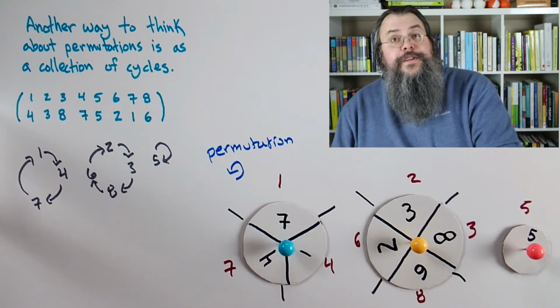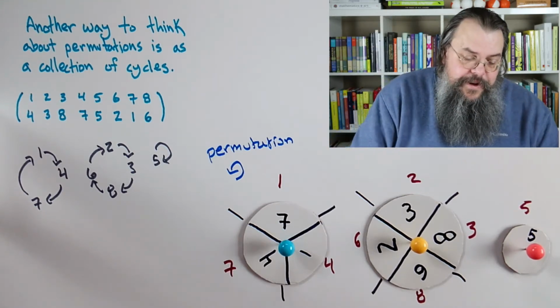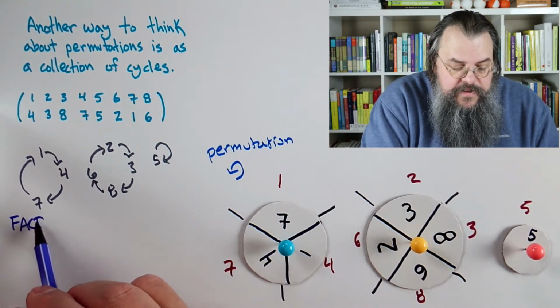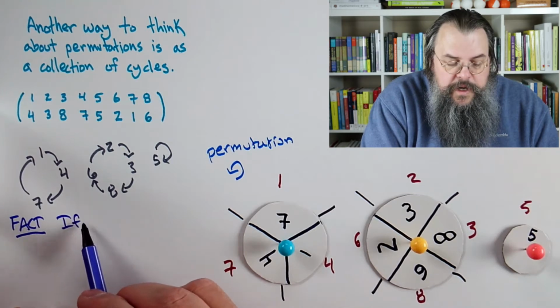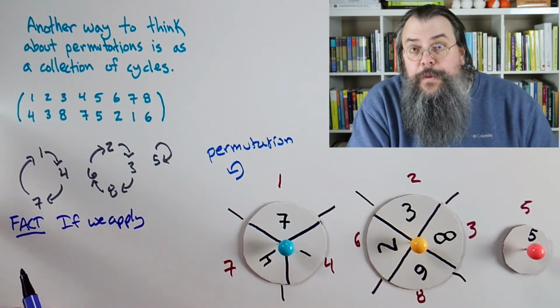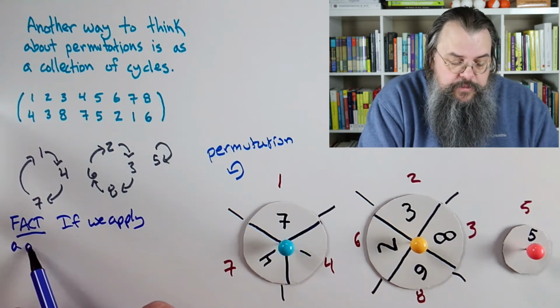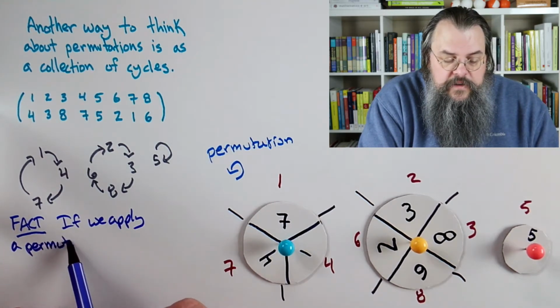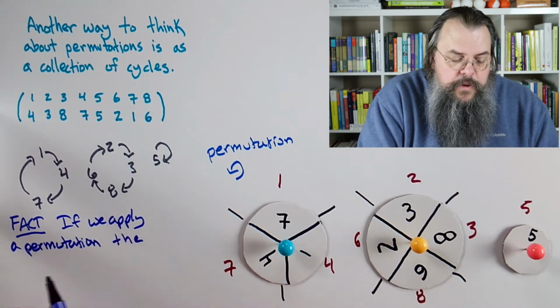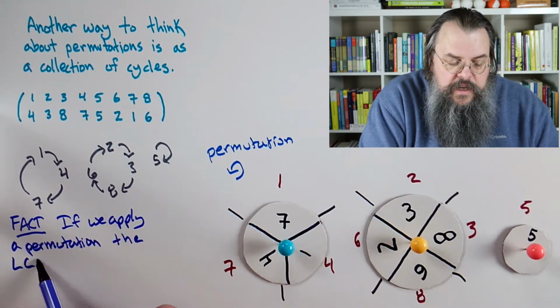So there's a little fun fact, and it says the following. If we apply a permutation sufficiently often, and in our case what that will be is the LCM.